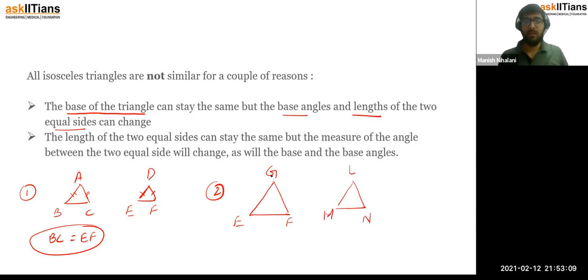These are the two important reasons why we'll say that any two isosceles triangles are not always similar, right?